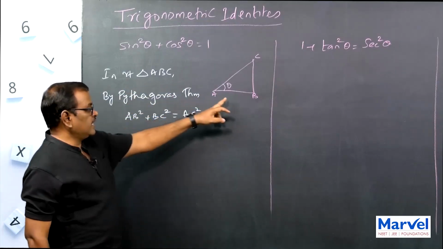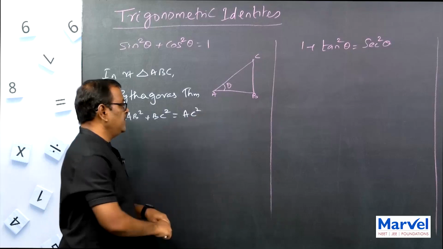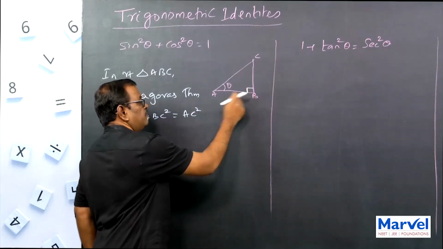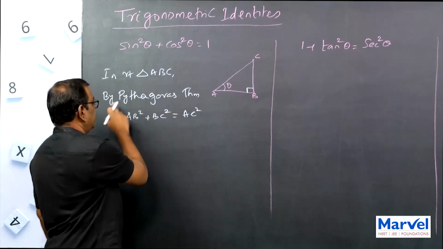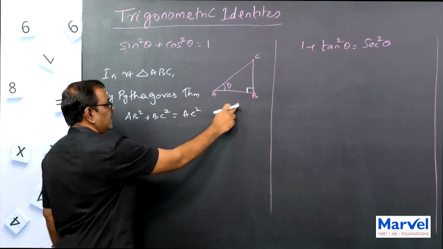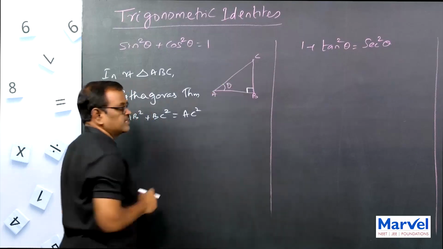First draw a right triangle at B. Let angle BAC equal angle theta. In right triangle ABC, by Pythagoras theorem, AB square plus BC square equal to AC square.